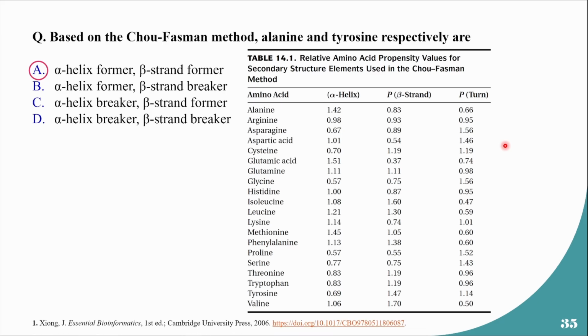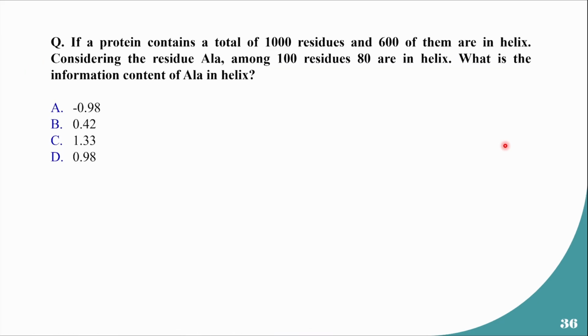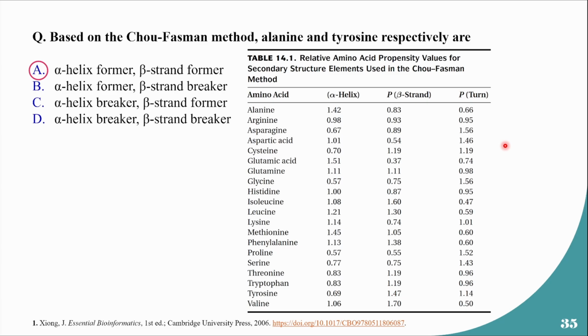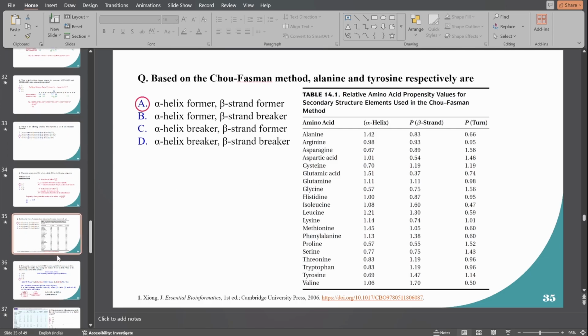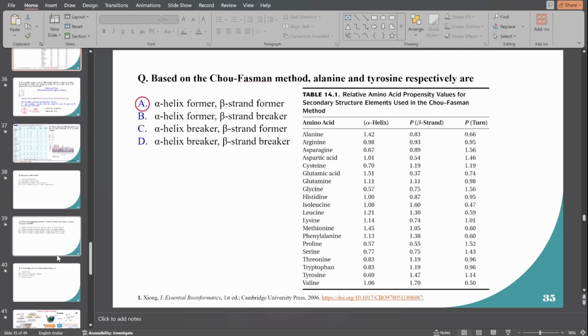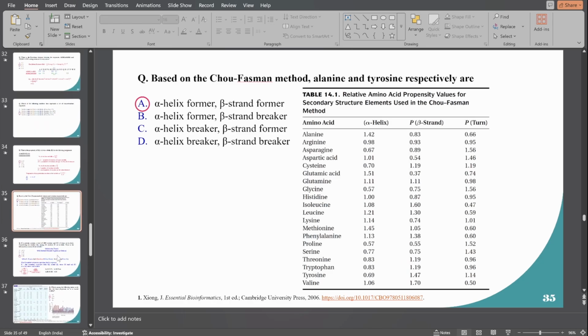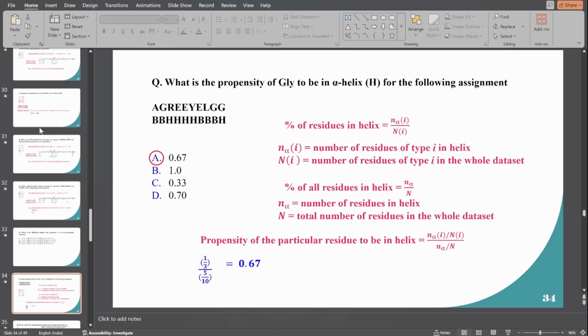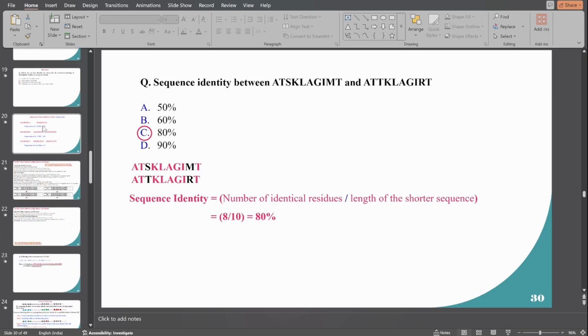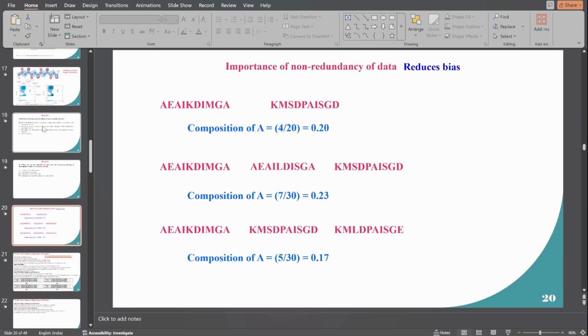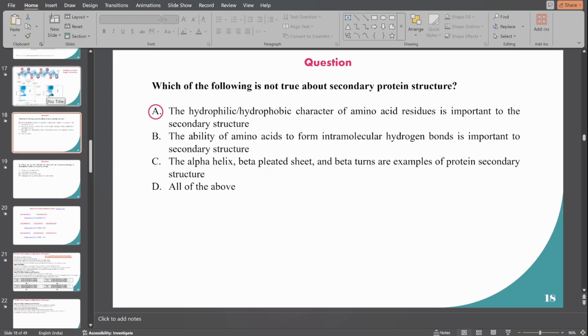Okay, so I think we will wrap up the class today. I think I've discussed most of the concepts from the other class. In all, we discussed the clustering algorithms, software, for example CD-HIT, and some concepts about secondary structures.